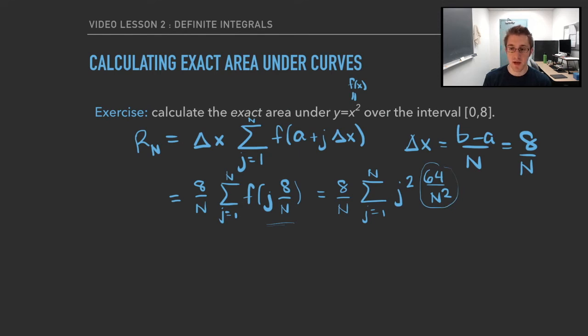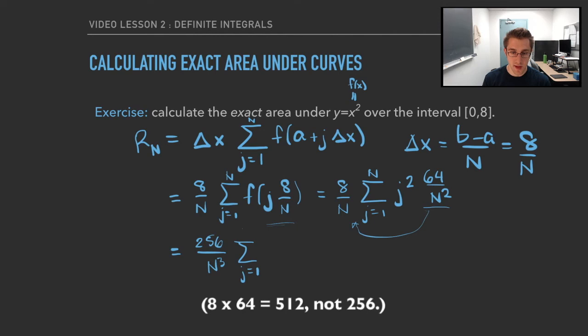Even though it has an n in it that is technically a variable in this context, we can pull it outside. So we take this entire thing and put it over here, meaning we multiply 8 by 64 to get 256, I think, over n cubed. And then we're left with the sum, j going from 1 to n, of just j squared.